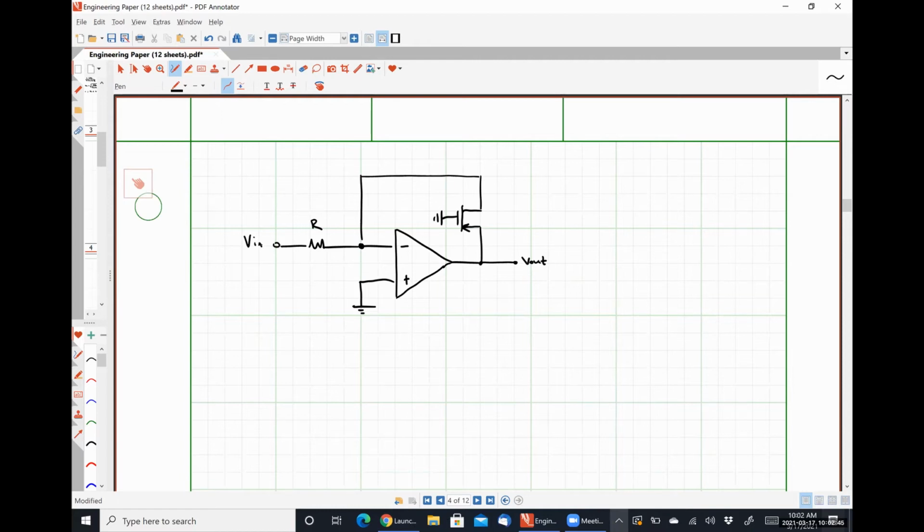In the schematic representation that we are using, the arrow always denotes the source, right? We're using enhancement mode MOSFETs, so the arrow is always at the source. So then that guy is the drain, and this guy is the gate. So we have the exact same terminals as we had before.